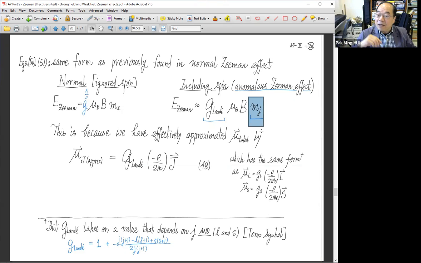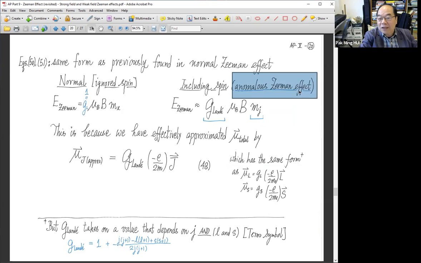Similarly, for J equals half, it will give us 2 levels. With this splitting, say the 1s gives us J equals half, 2p gives us 4. Now, even numbers; when we apply the selection rule, it happens that we will get an even number of spectral lines. 2 lines, or 4 lines, okay? So now we can explain the anomalous Zeeman effect.